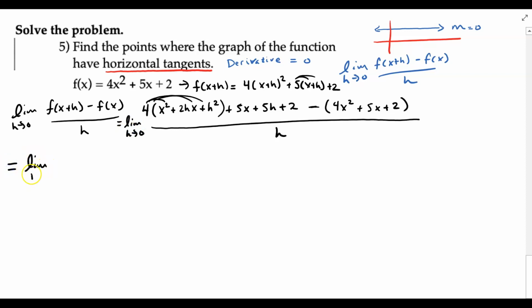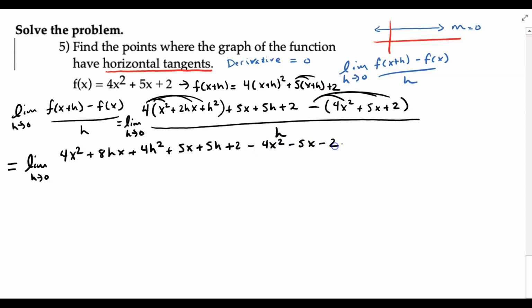Now I'm going to distribute the 4: 4x squared plus 8hx plus 4h squared plus 5x plus 5h plus 2. Then I distribute the negative: minus 4x squared minus 5x minus 2, all divided by h.